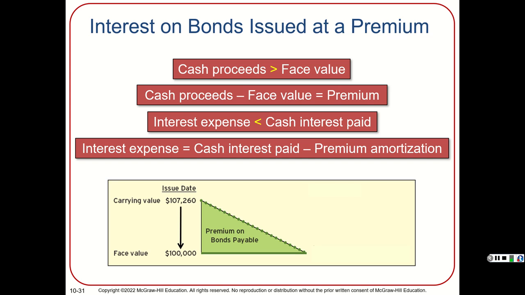This process, called bond amortization, makes the interest expense smaller than the actual interest payment and at the same time causes the balance in the premium on bonds payable to decline each period. Because the premium amortization in each period reduces the company's cost of borrowing, the interest expense recorded each period will be less than the cash interest paid when bonds are issued at a premium. You'll see what that means in a moment.